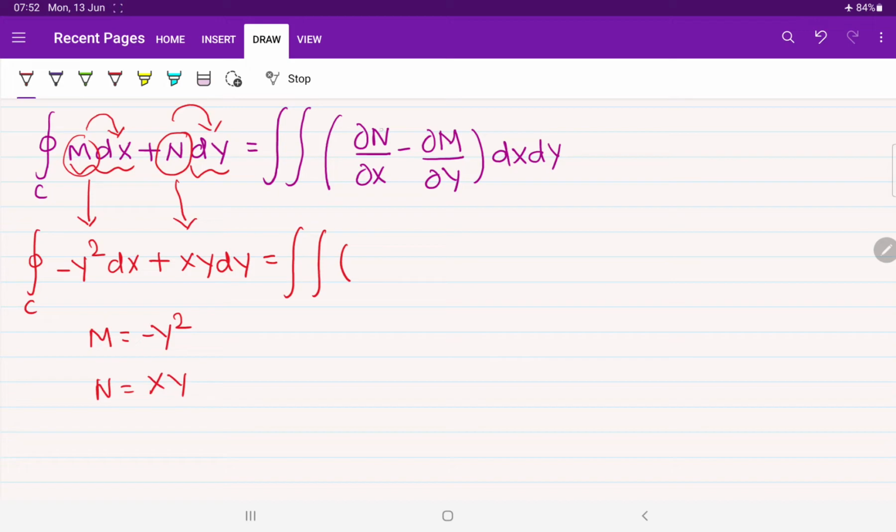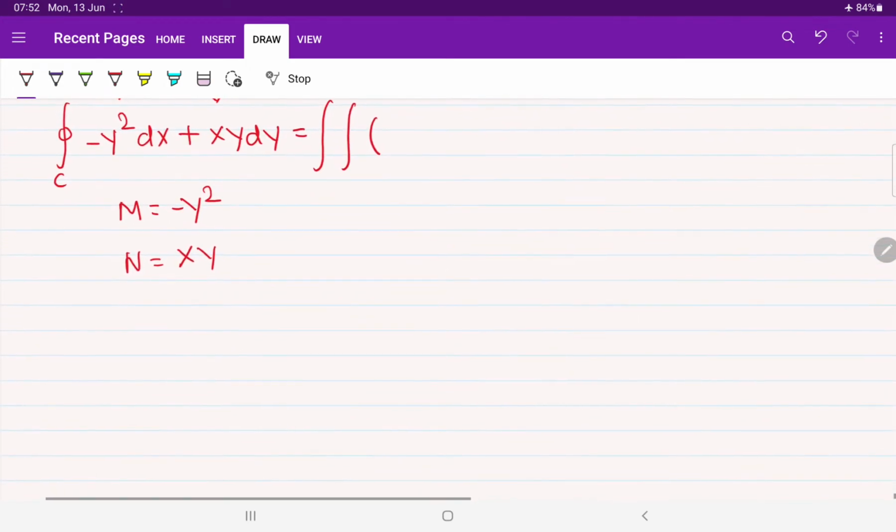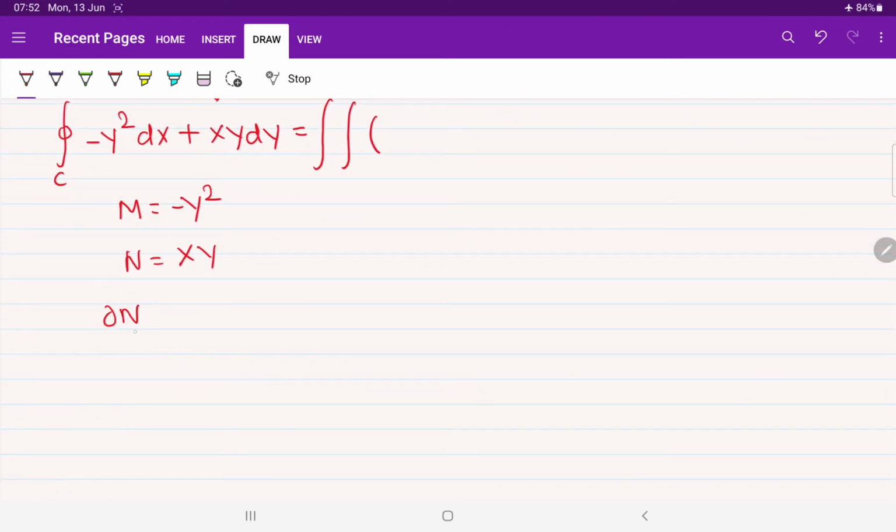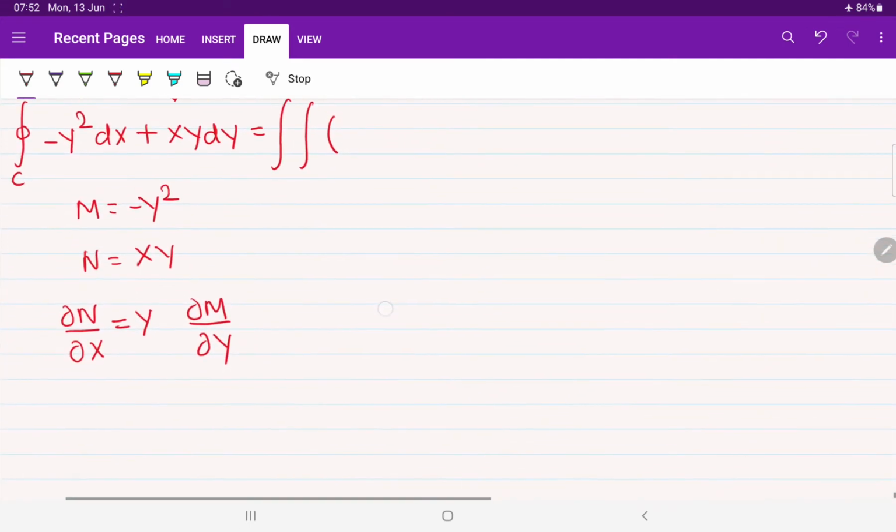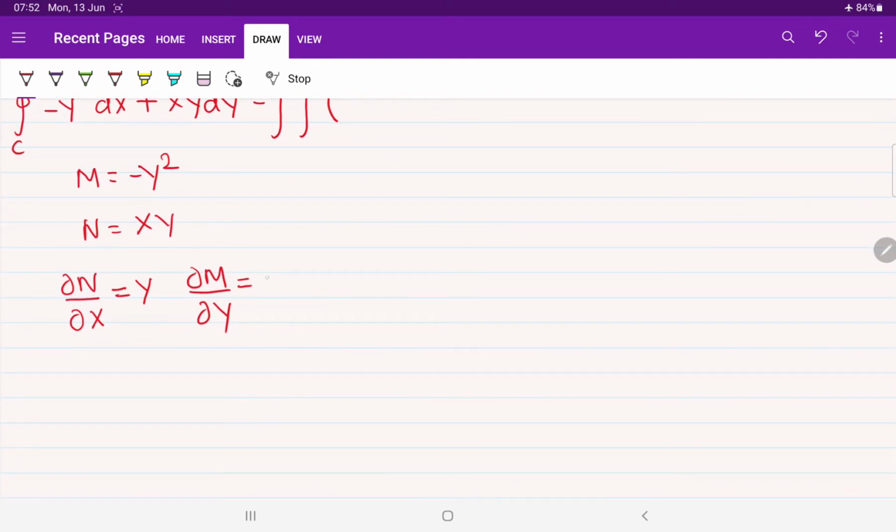After that what we need? We need dou n by dou x, which means we differentiate n with respect to x. If we do that, we get y. Similarly, we differentiate m with respect to y, dou m by dou y. If we differentiate this function with respect to y, this gives us minus 2y.